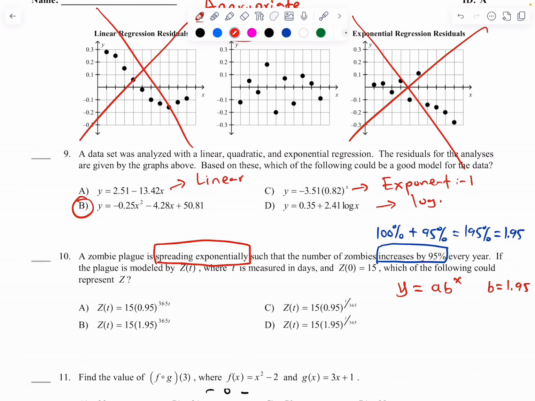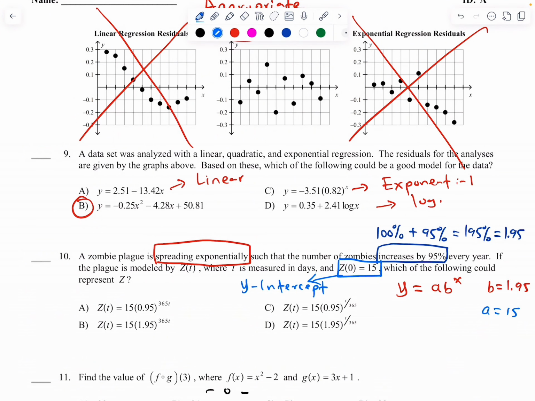Now I have to find out my A. My A is my initial value, which is the same thing as the y-intercept of that graph. So my A would be 15.